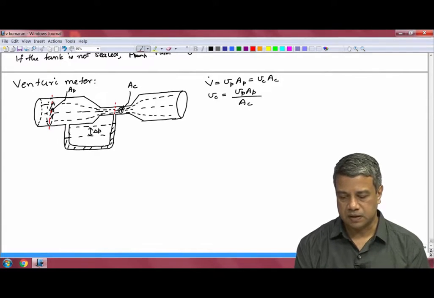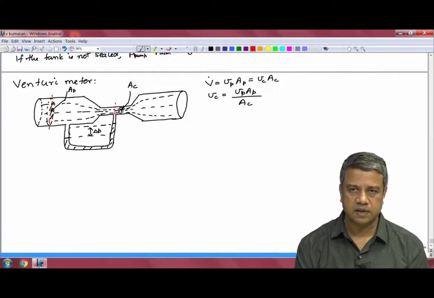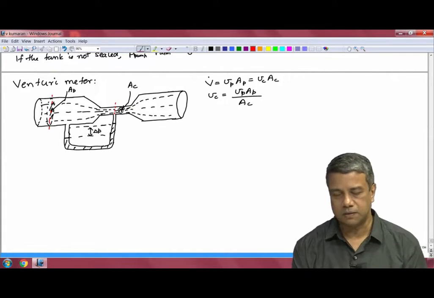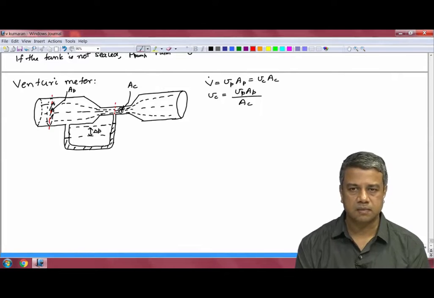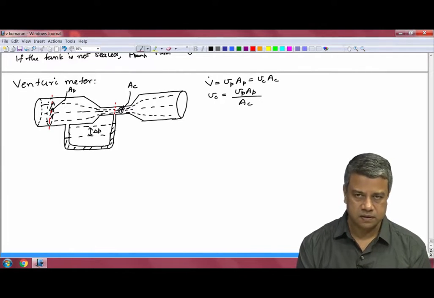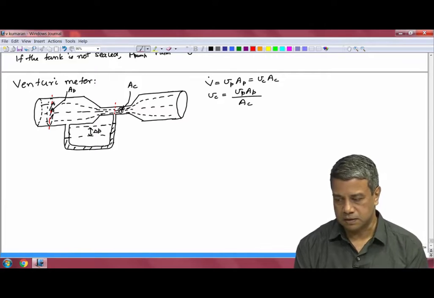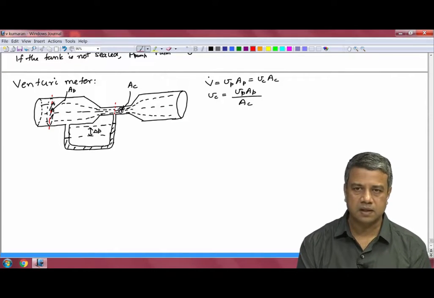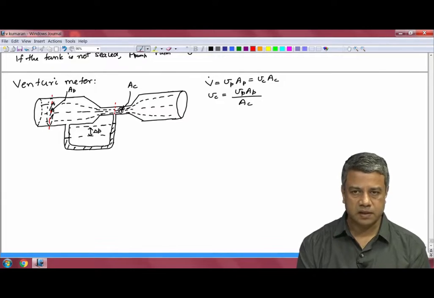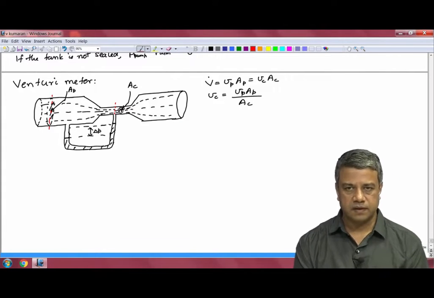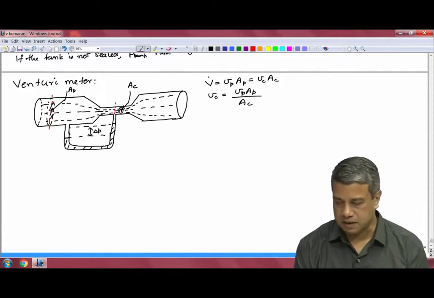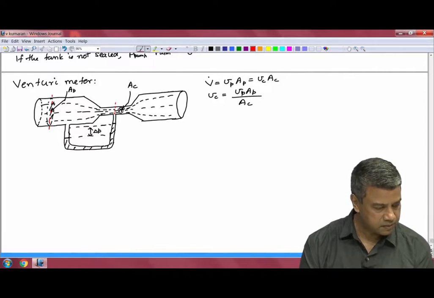This is valid at high Reynolds number, and we are not including viscous effects here when we calculate the pressures. And therefore, these have to be considered as inviscid flows. And these are valid only when the Reynolds number based upon the pipe velocity and diameter as well as the contraction velocity and diameter are both high. So, it is only in that limit that this formulation is applicable.